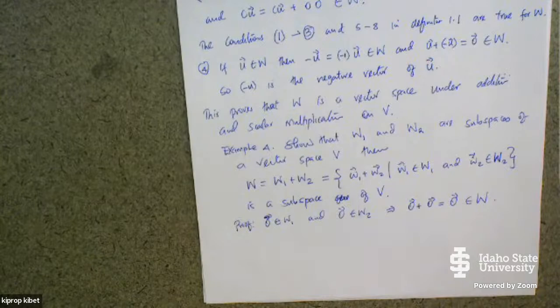Because if this is in W1 and this is in W2, when you add the two of them, you still get zero, and this zero is in W.